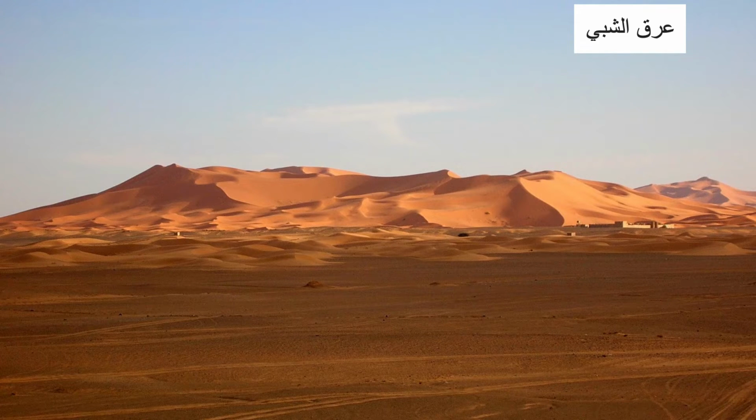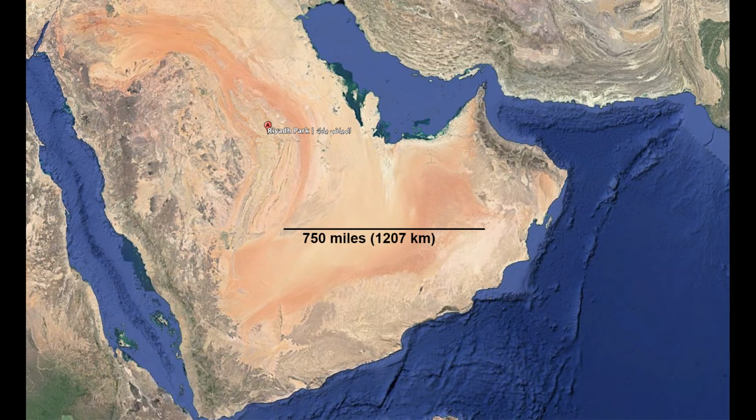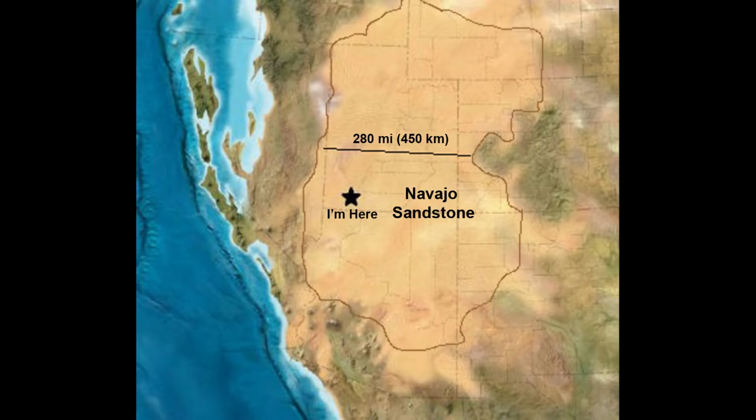Now, I've read a lot of studies that try to estimate the geographic extent of this ancient sand dune desert, or what we call an erg, from the Arabic word for a sand sea desert. And many cite that it was one of the largest in the world, but just doing some comparisons of some of our modern sand sea deserts, like the Rub' al Khali Desert in Saudi Arabia, those are likely a bit larger than the ancient desert that was here in North America.